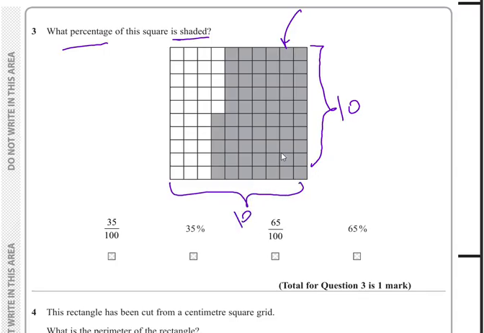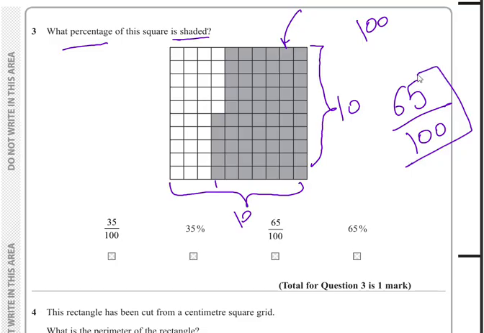So this is 10 by 10, basically 100 squares in total. Now how many shaded ones? It's 10, 20, 30, 40, 50, 60, and 61, 62, 63, 64, and 65. That means it's 65 over the total number of squares we have, which is 100. So it's 65 over 100.